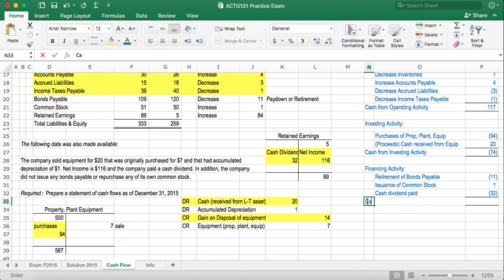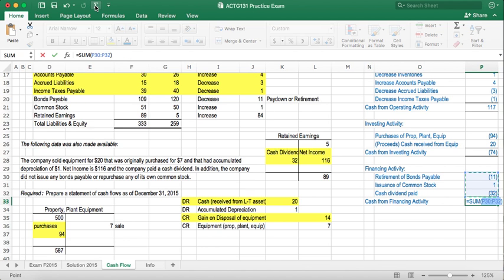So cash from financing. I'm going to net these dollar amounts as well. So cash from operating is 117, cash from investing is a reduction of 74, and cash from financing also is a reduction, but this one's of 42.